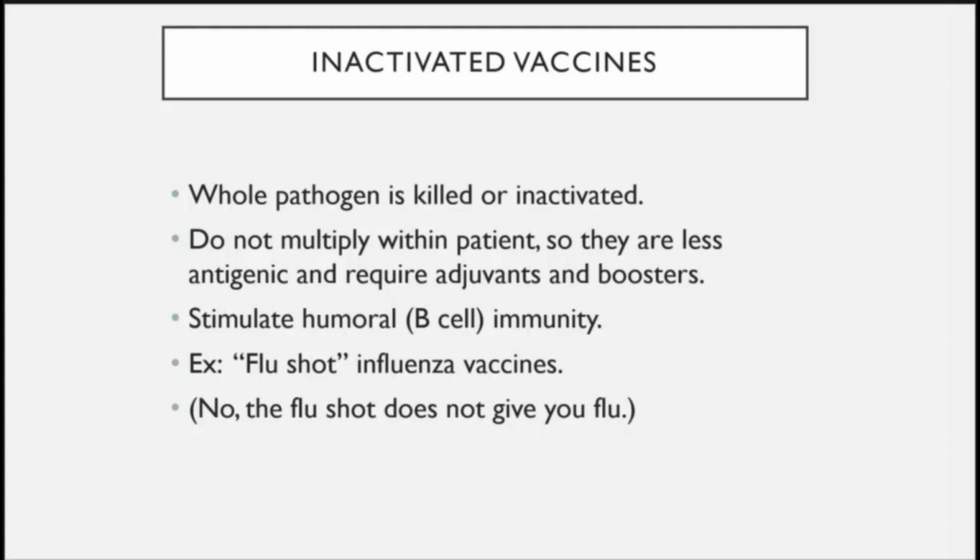You will not use any sort of T cell recruitment. An example of this would be the flu shot, or influenza vaccines. So no, in general, the flu shot does not give you the flu. It can, however, give you flu-like symptoms.